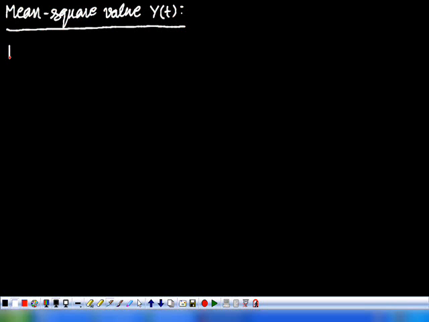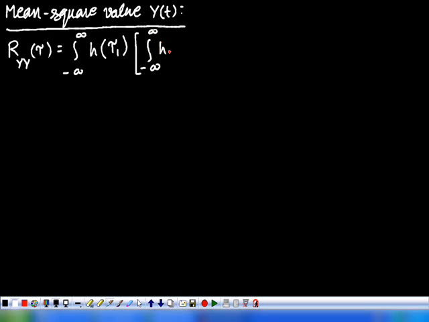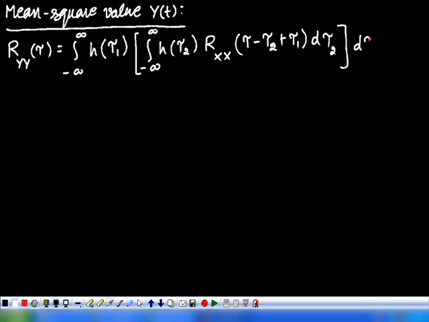We already know that Ryy of tau is equivalent to the integral from minus infinity to plus infinity of h of tau 1, and then the integral from minus infinity to plus infinity of h of tau 2 times Rxx of tau minus tau 2 plus tau 1, integrated with respect to tau 2 and then with respect to tau 1.